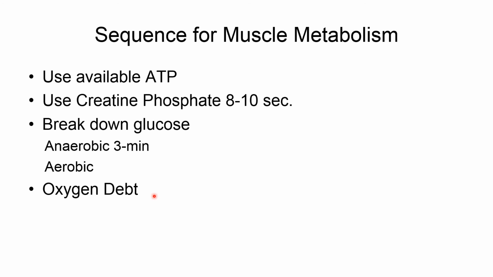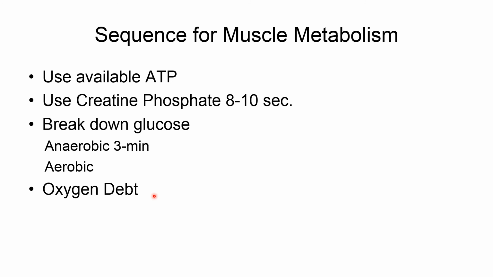Later on, after vigorous contraction, our breathing remains active as compared to the normal state. So this extra oxygen that is entering the system even during the resting phase is used to make up the creatine phosphate, make up the glycogen, and break down lactic acid back into glucose in the liver.